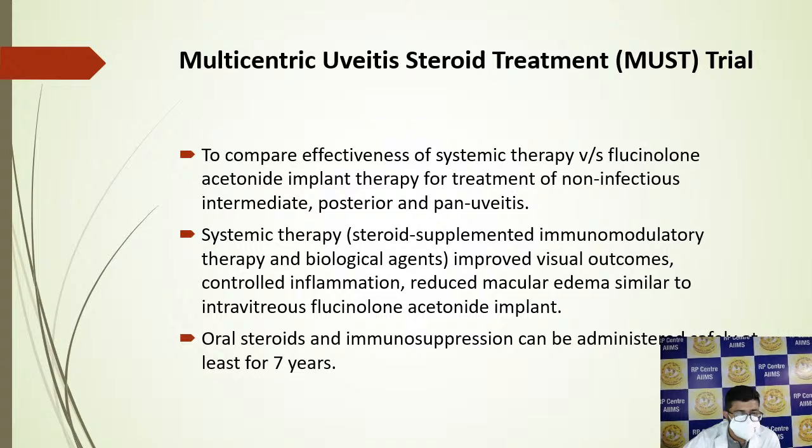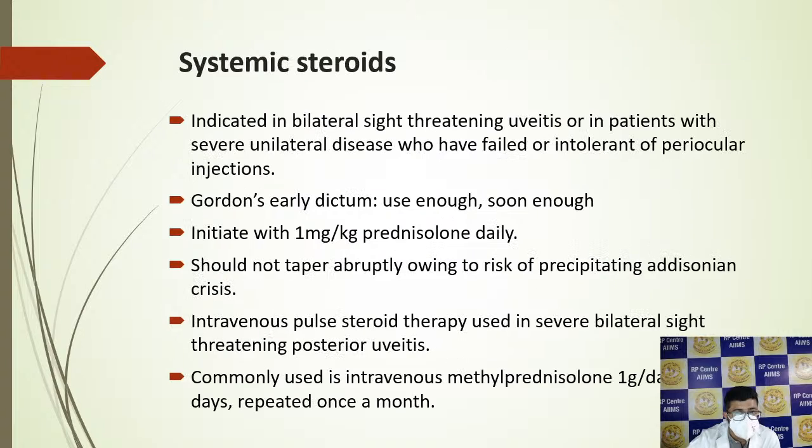They found that systemic therapy, that is steroid, with immunomodulatory therapy added when needed, improved the visual outcomes, controlled the inflammation and reduced macular edema similar to the intravitreal fluocinolone acetonide implant. So they said that systemic therapy as well as the intravitreal implant are almost equally efficacious. Hence they concluded that oral steroids or immunosuppressives can be administered safely for at least 7 years.